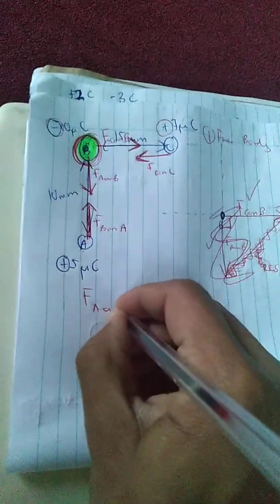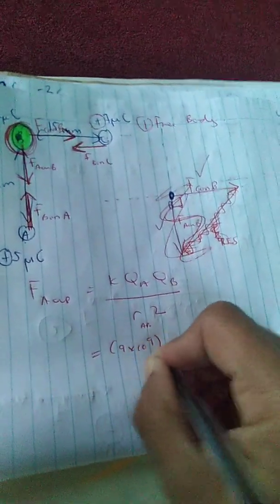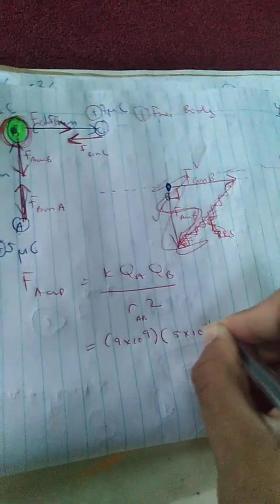So what is FA on B? It is equal to K QA QB over RAB squared. So that's 9 times 10 to the power of 9. QA is 5 times 10 to the negative 6 coulombs. Remember, micro is times 10 to the negative 6.